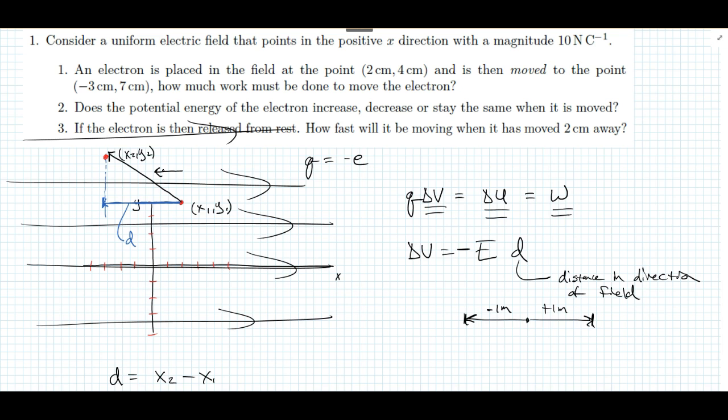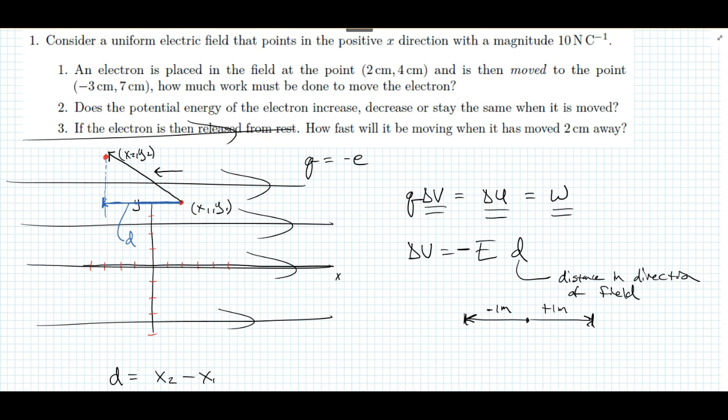So if I were to just release the electron, it would accelerate to the left. That means that if it moves in the direction that it would be accelerated by the field, its potential energy is going to decrease, right? Because if I released it from rest, its kinetic energy would increase, and that would have to be coming from its potential energy, so its potential energy must be decreasing.